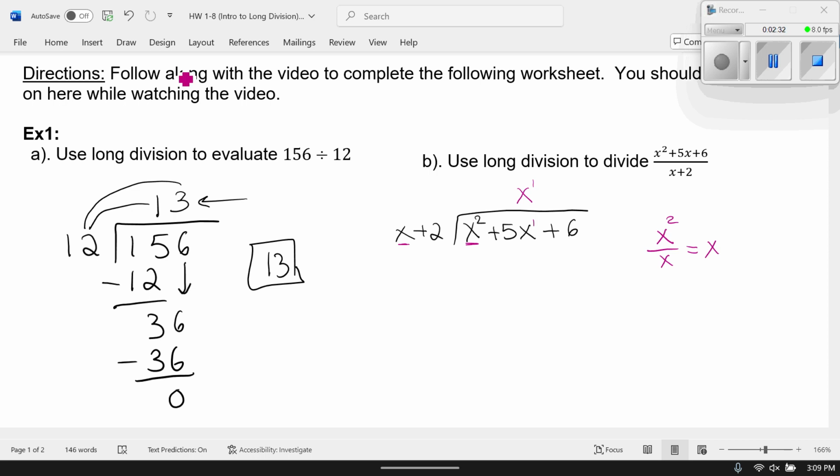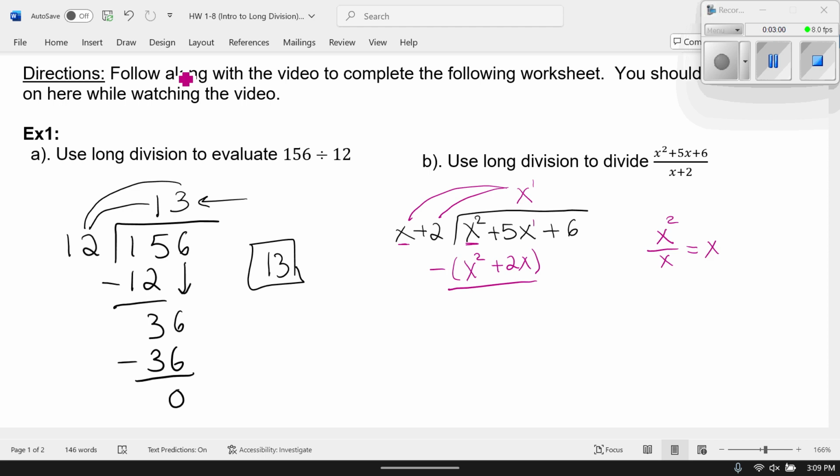Now you're going to take the x up top and you're going to multiply. You have x times x is x squared. And then x times 2 is 2x. Using long division, we subtract, but we know now that when subtracting, you need parentheses.